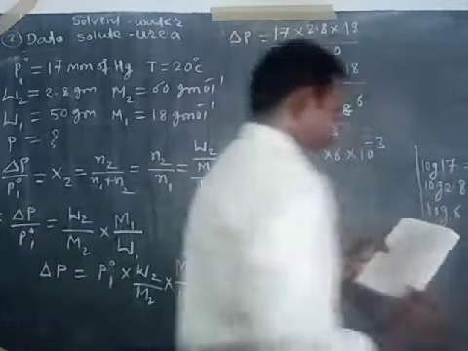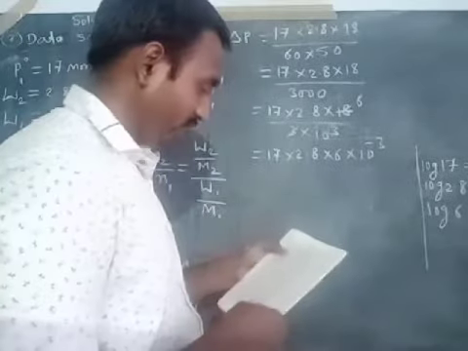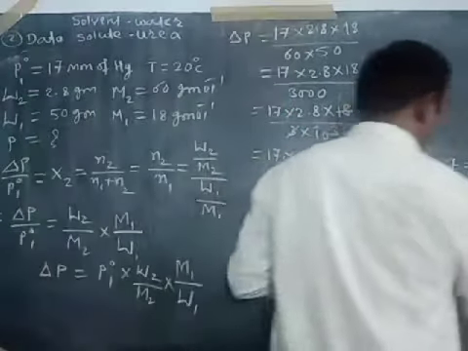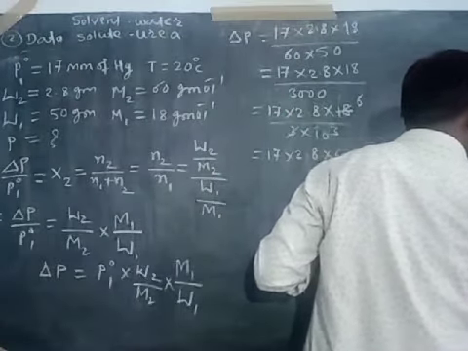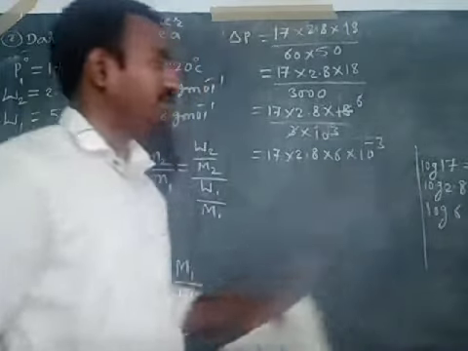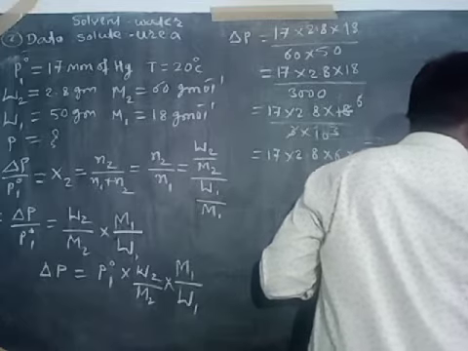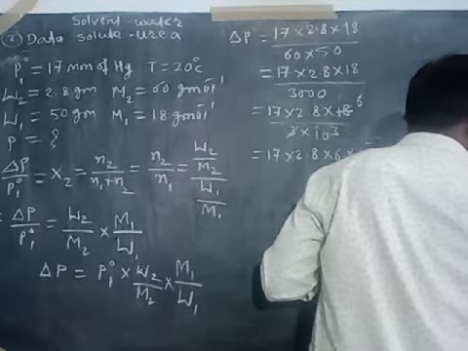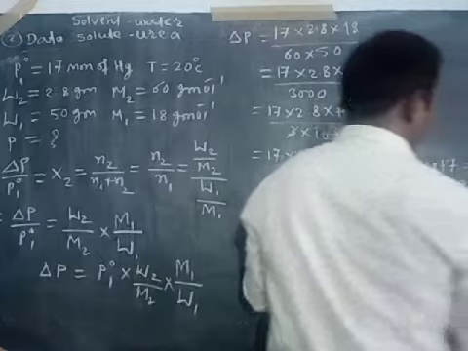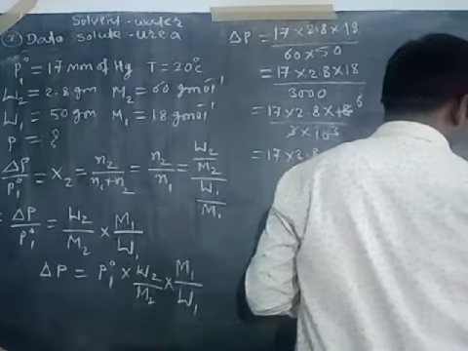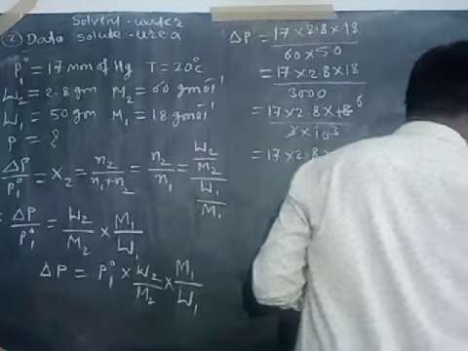And log of 6 has value 7782. All the terms are in multiplication, that's why there should be addition. 8, 15, 14, and here there will be 2.